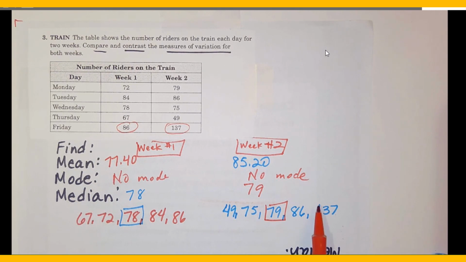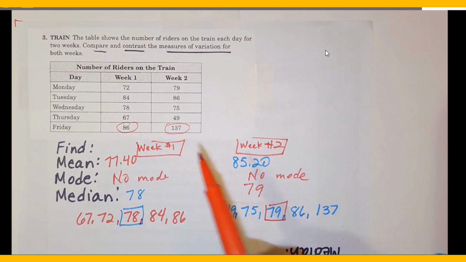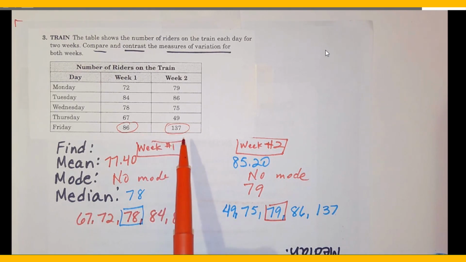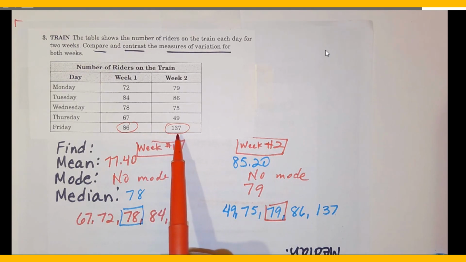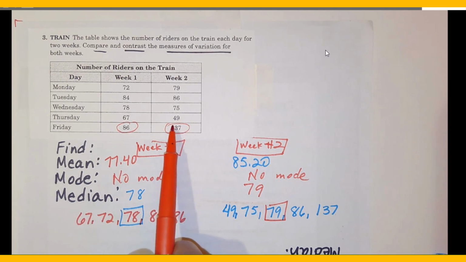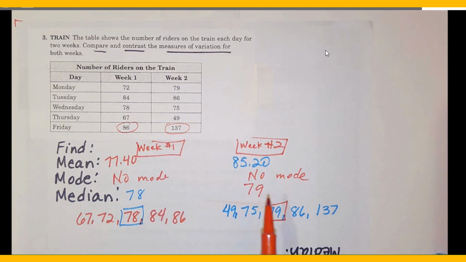This right here for week 2 was a large change, and maybe there were a lot of factors. Maybe people decided that they were going to save gas, so they decided to ride the train. Maybe some people decided that instead of going in on Thursday, they'd go in on Friday, because look, this was 49 and it went up.